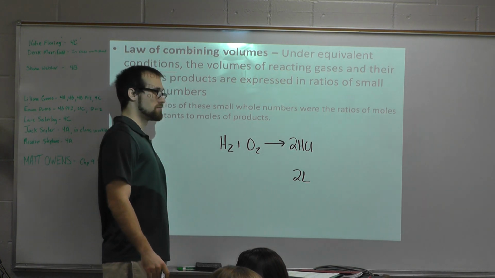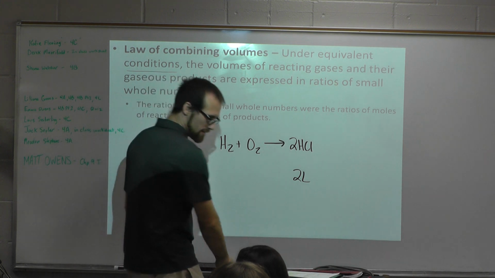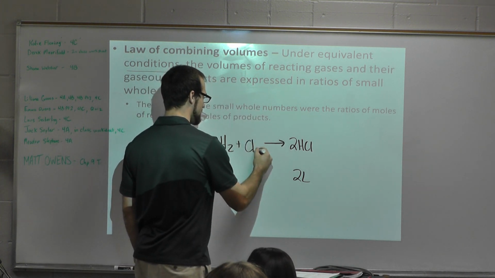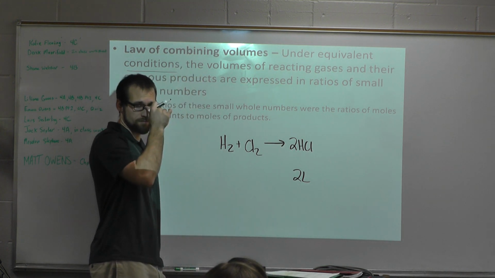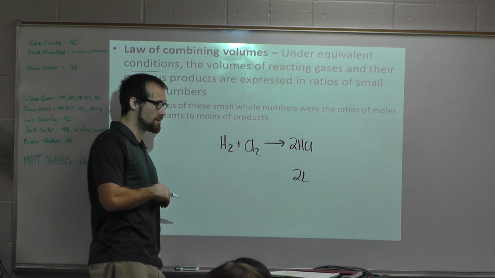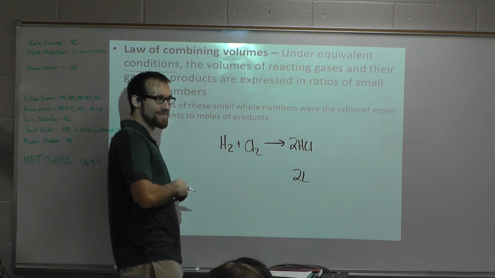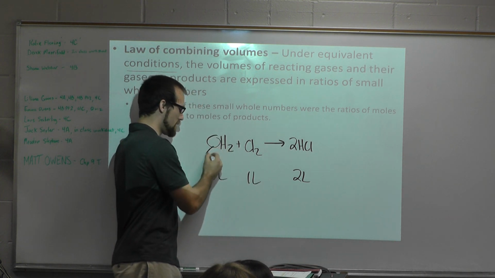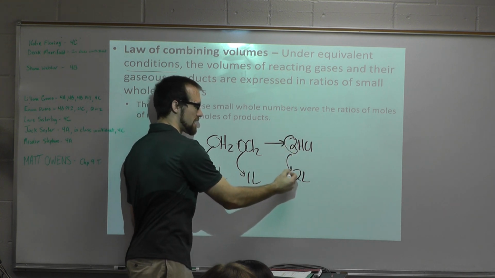I have 2 liters of each one. You can have 2 liters each one? You can have 1 liter, because the relationship between the coefficients is the same relationship between the volume that they occupy.